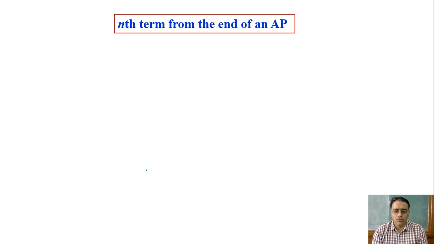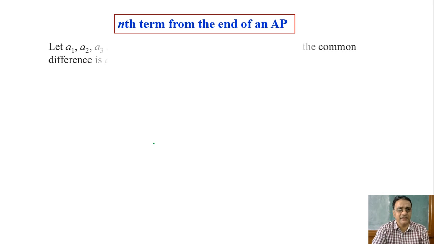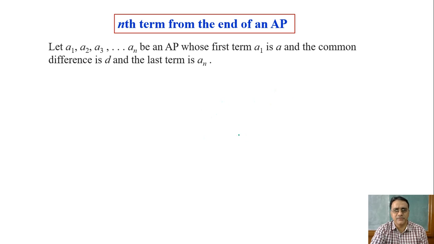So how we have to solve, just see. Let A1, A2, A3 up to AN be an AP, whose first term is A, that is A1, and common difference is D, and the last term is AN. If we write the AP in reverse order, then also the numbers are in AP.